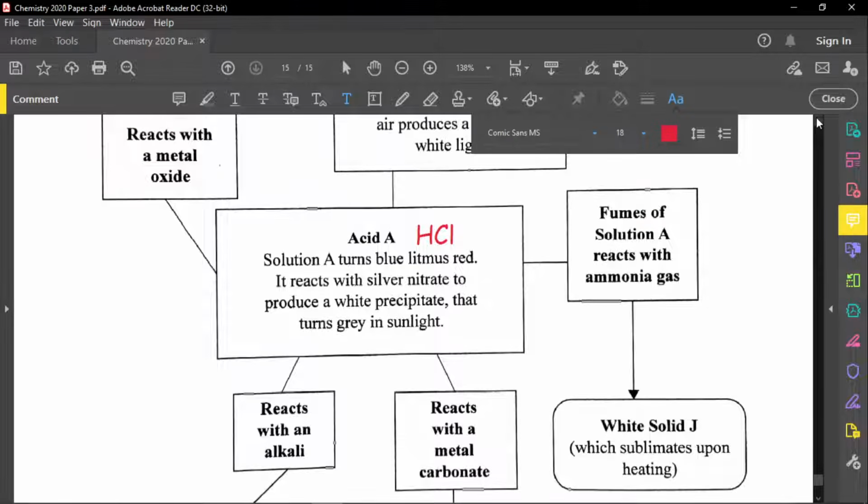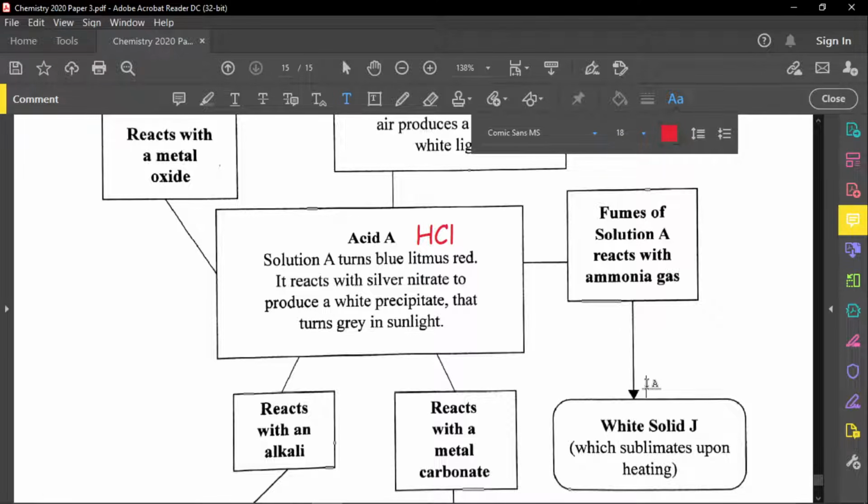J, let's see if we can figure out J. All right, they said the fumes of solution A react with ammonia gas. Okay, that's a cool one. It's a common experiment. So if hydrogen chloride reacts with ammonia gas, it forms a white solid, right? And the white solid that forms right there is ammonium chloride. So J has to be ammonium chloride.